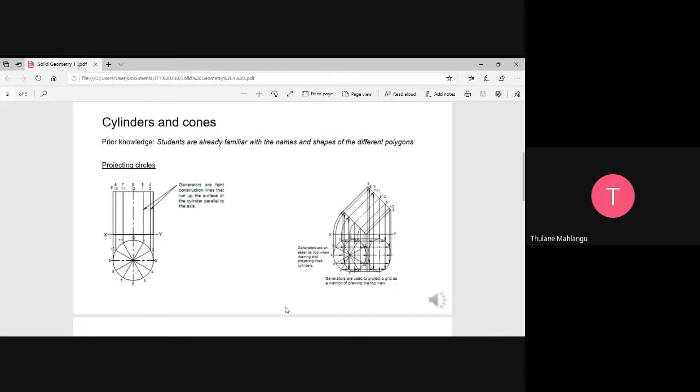Okay, so now it means I should stop sharing the window, right? To enable the camera so that we can see. Okay.